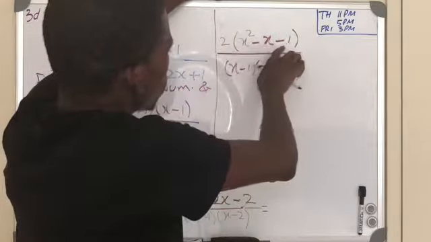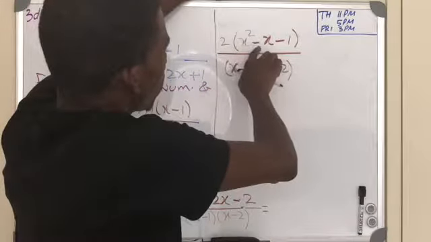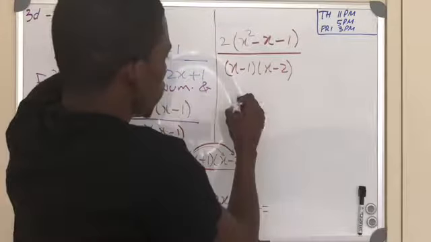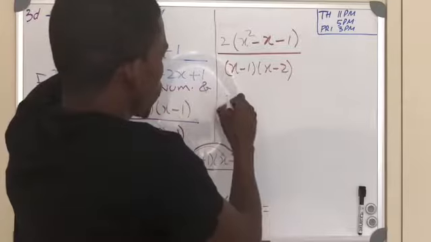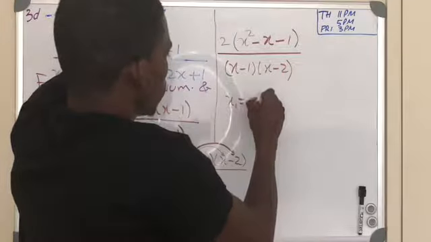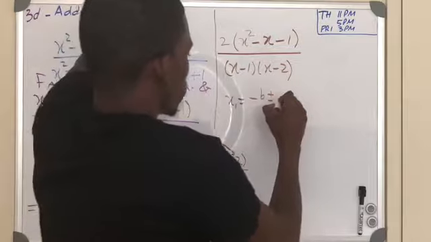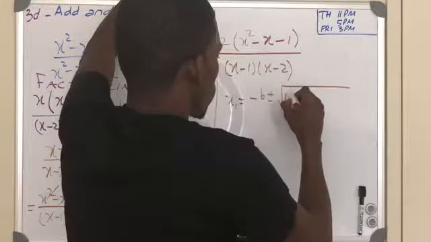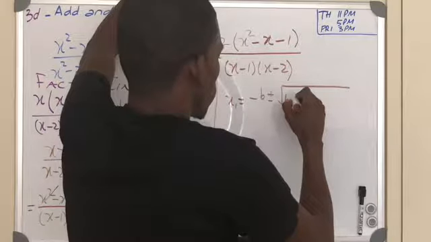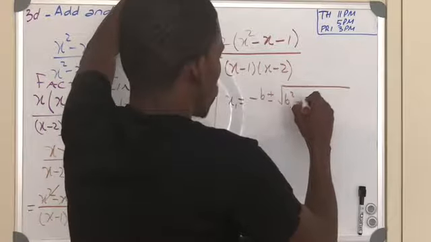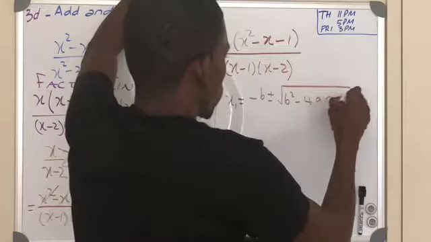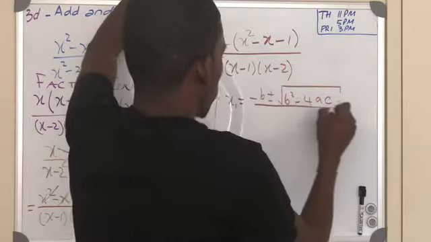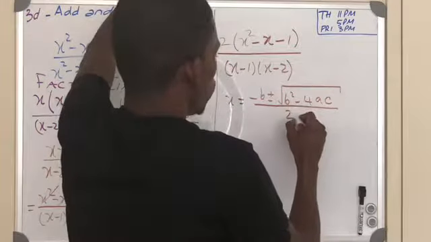I said a plus b plus c is not 0, a minus b plus c is not 0, so I'm just going to go with the basic formula, which says x1 is equal to minus b plus or minus square root of b squared minus 4ac, divided by 2a.